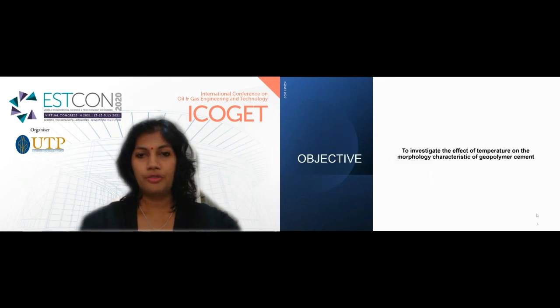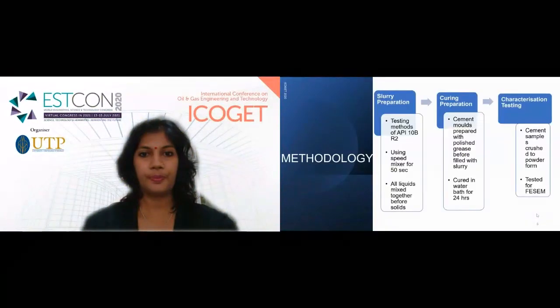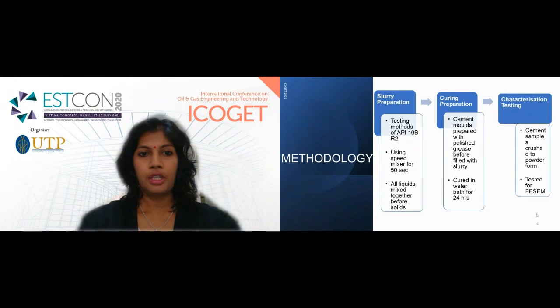The objective of this research is to investigate the effect of temperature on the morphological characteristics of geopolymer cement. Looking into the methodology, there are three methodologies that have been employed in the preparation of the geopolymer cement sample.